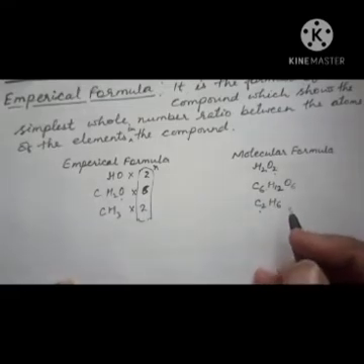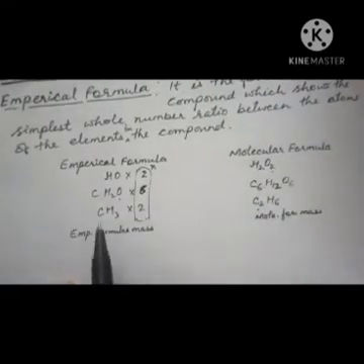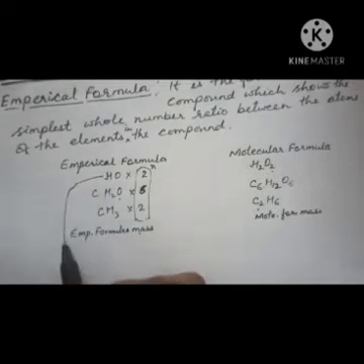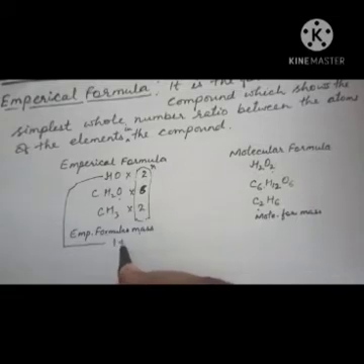Now just one more thing. Let's find the empirical formula mass. For example, this HO: hydrogen atomic mass is 1 and oxygen atomic mass is 16. So the empirical formula mass is 17. Right?